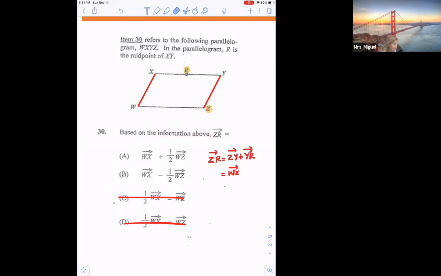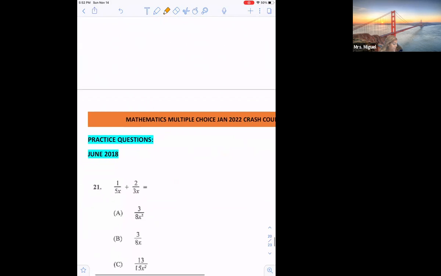From Y to R is the same as a half WZ. So this is minus a half WZ because I'm going in the opposite direction. The answer, A as an apple. Sorry, E. All right, let's go.